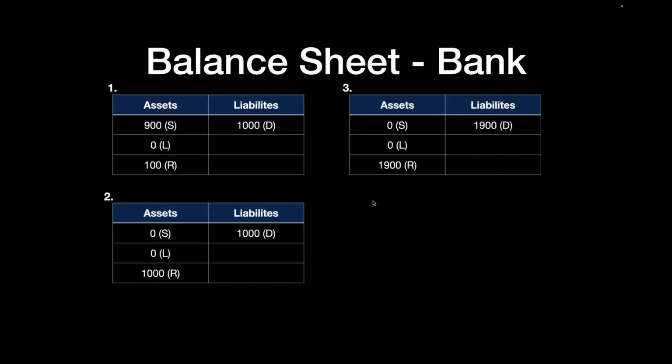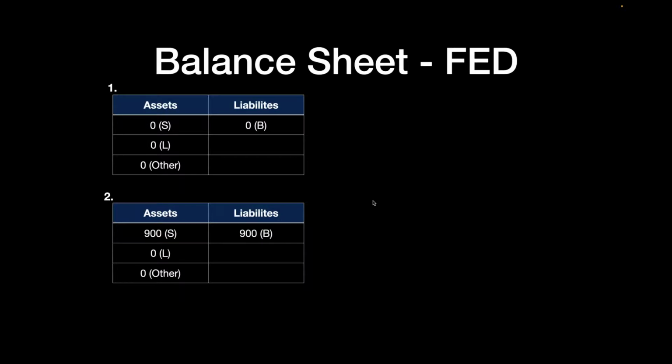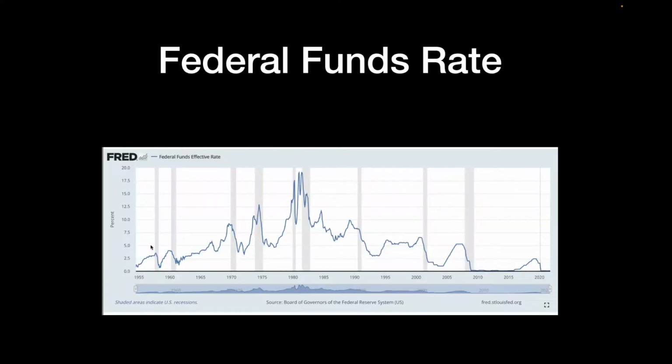The cost to basically raise and create new money to spend and use for whatever means necessary or whatever you're trying to do. And on the Fed's balance sheet, they're going to go from, in this case, having nothing to having now $900 in base money supply that they've put out there, and they have $900 in securities.